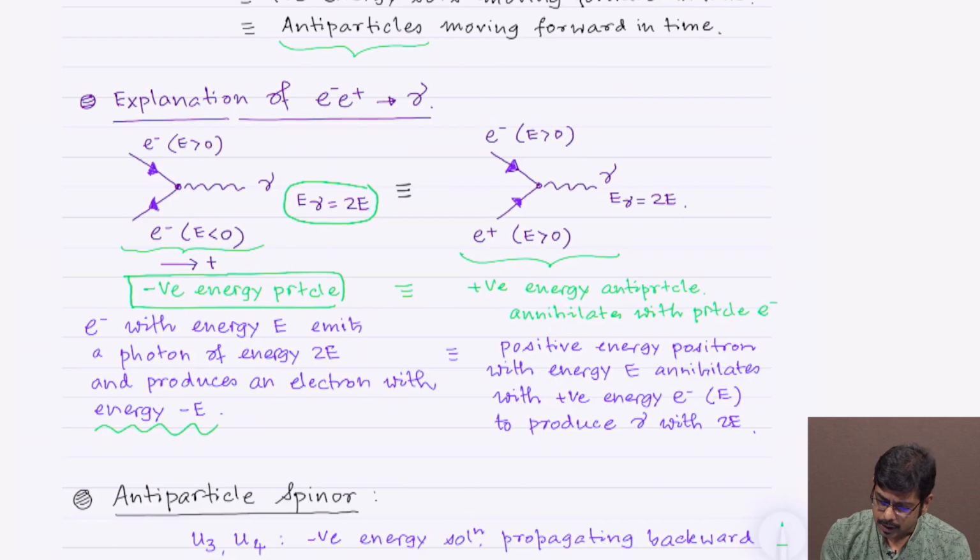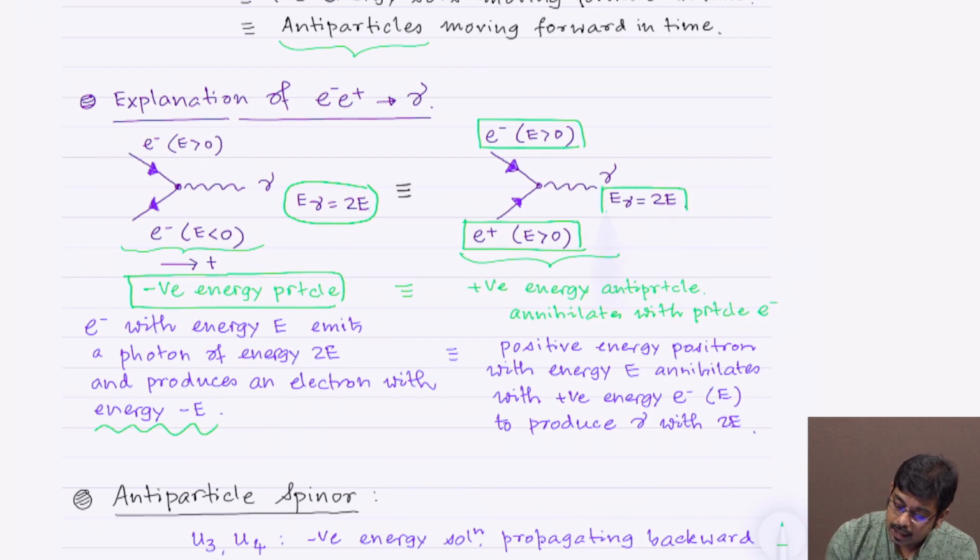So, instead of saying that this electron is coming and going like this, which conserves the electromagnetic charge, you can also say that this electron is getting annihilated with a positron, with the opposite charge, to produce a chargeless particle which is a photon. So, you can also interpret it as an electron with energy E greater than 0 and a positron with energy E greater than 0, once again moving forward in time, producing a photon with energy 2E, and that conserves everything.